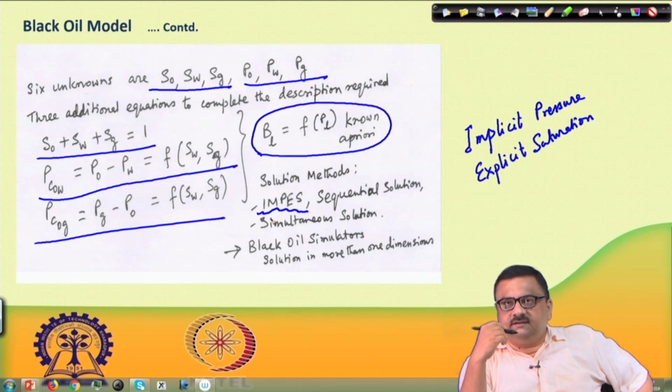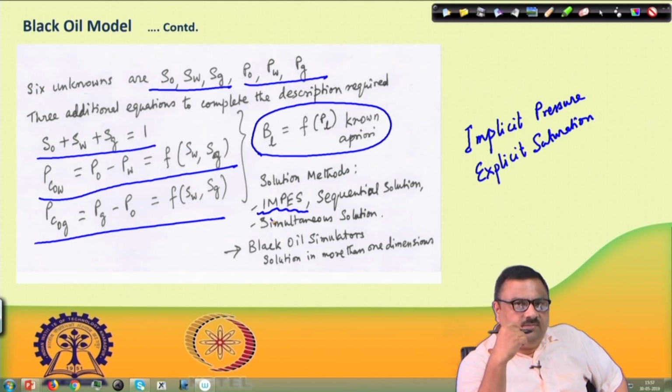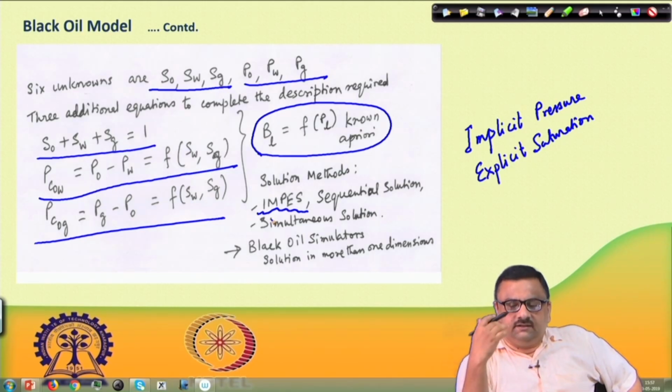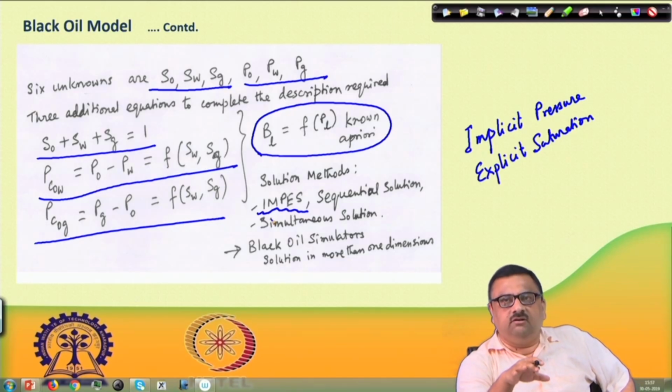In this IMPES method, one simplification is done in the sense of time marching. Generally, whenever you have such a continuity equation, first of all you will break it into finite differences, right.